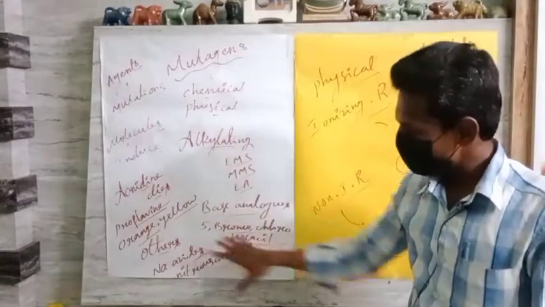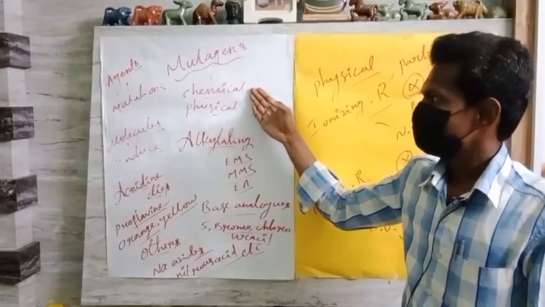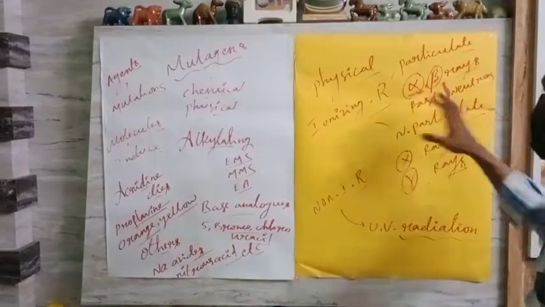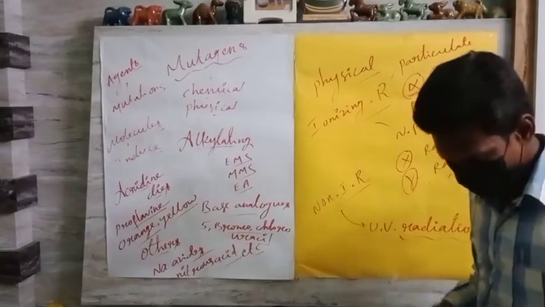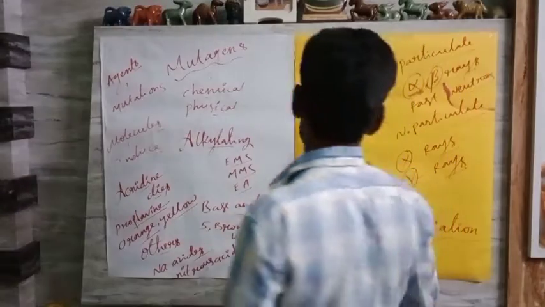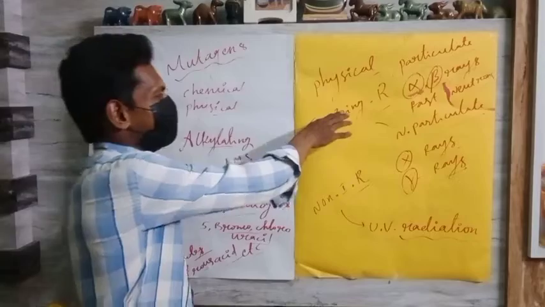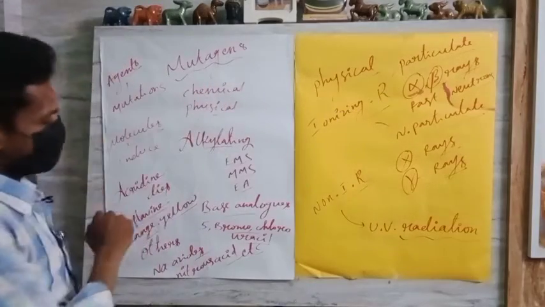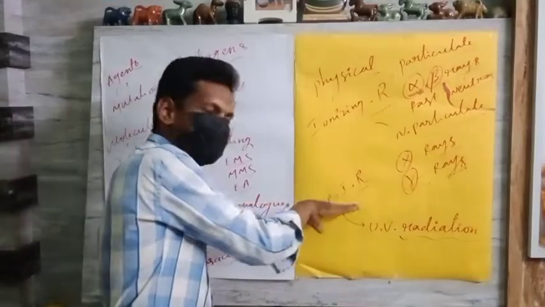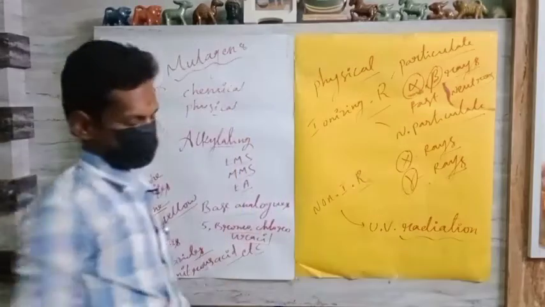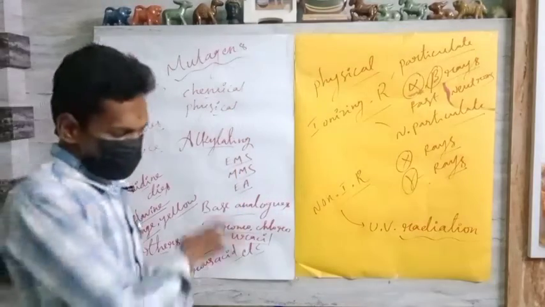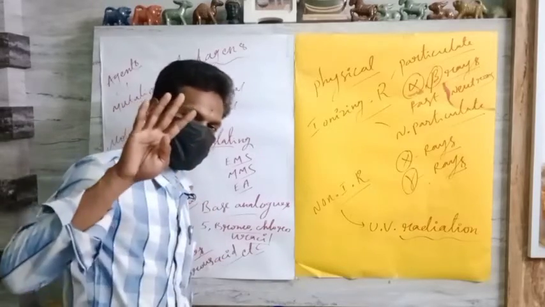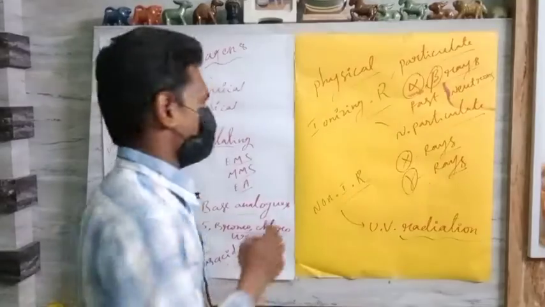So these all are under chemical mutagens. Then coming to the last one, physical mutagens. Under the physical mutagens, again, ionizing radiation mutagens and non-ionizing radiation mutagens. Are you clear? Under the chemical mutagens, there are 4 categories.